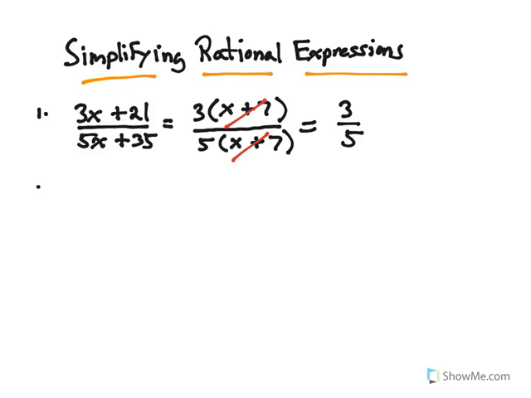The next one is going to be this. All right. When we factor these two trinomials, there are many methods we can use: the AC method, trial and error.